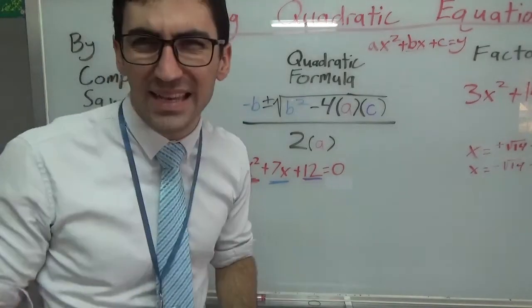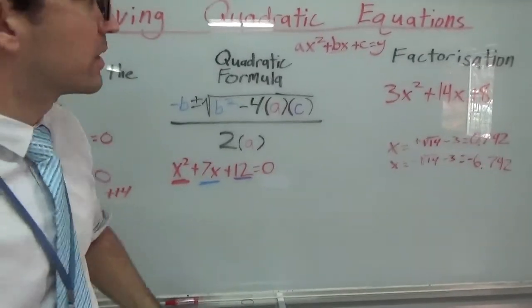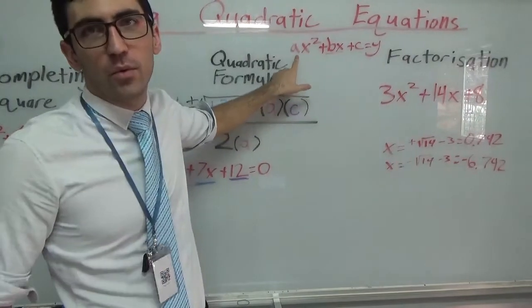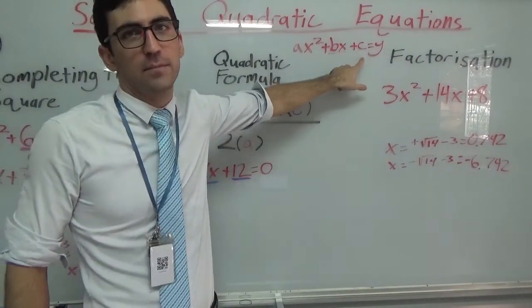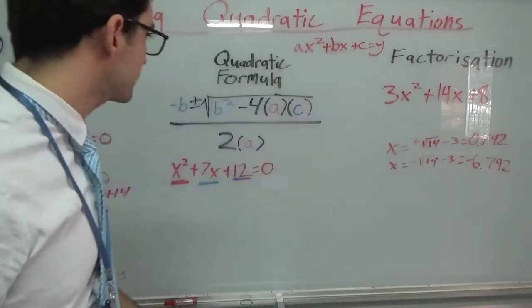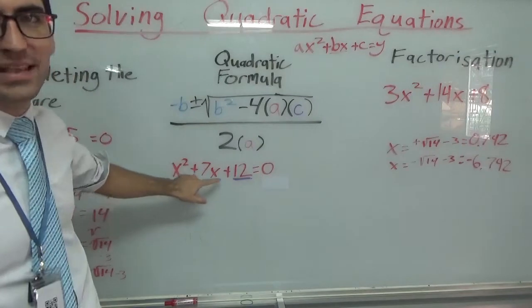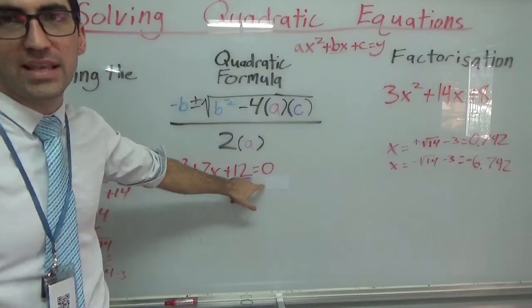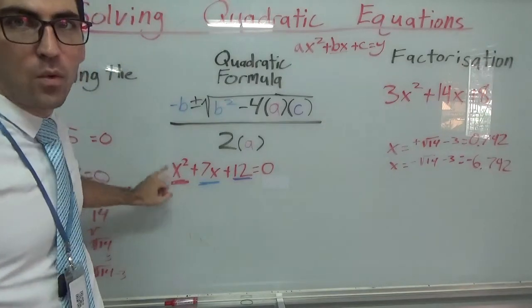And what that means, the a, b, and c, goes back to our thing here where a is the coefficient of x squared, b is the coefficient of x, and c is our constant. So if I have this equation, let's say it's x squared plus 7x plus 12 equals 0, I'm going to plug in 1.